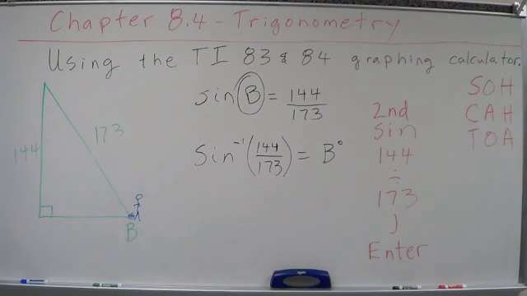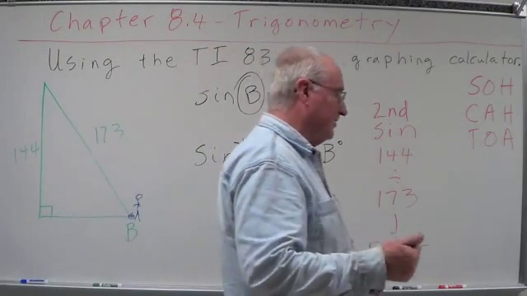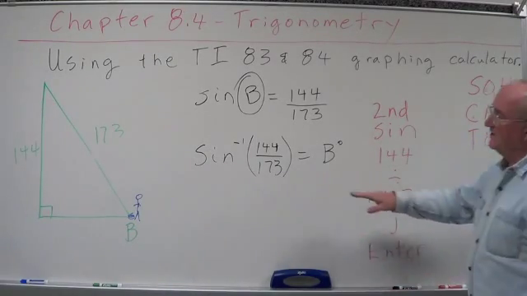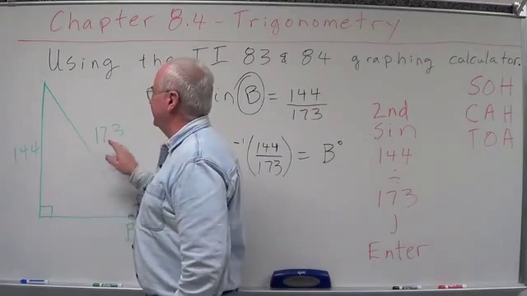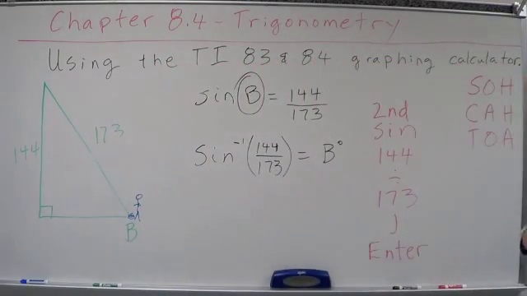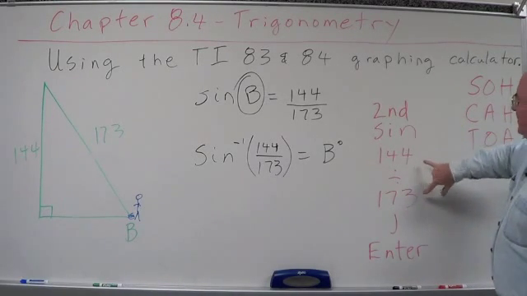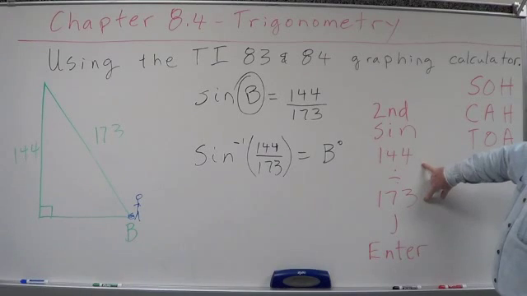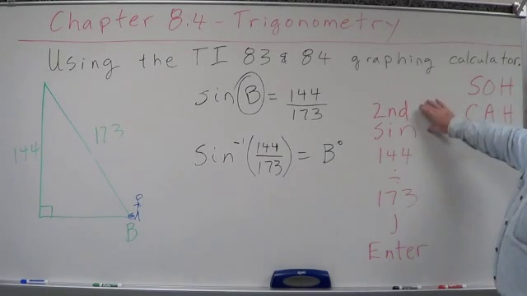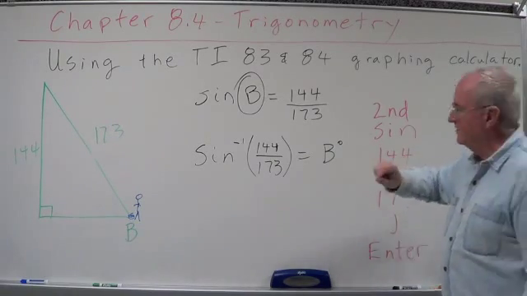Okay? And you should get an answer that's very close to 55, 56 degrees. Why? Because we've calculated these before, and this should come right up to 55, 56 degrees. The second sine, we know what the sine of that angle is. We want to know what the angle is, and this is how we do it. Okay? Study that and try it.